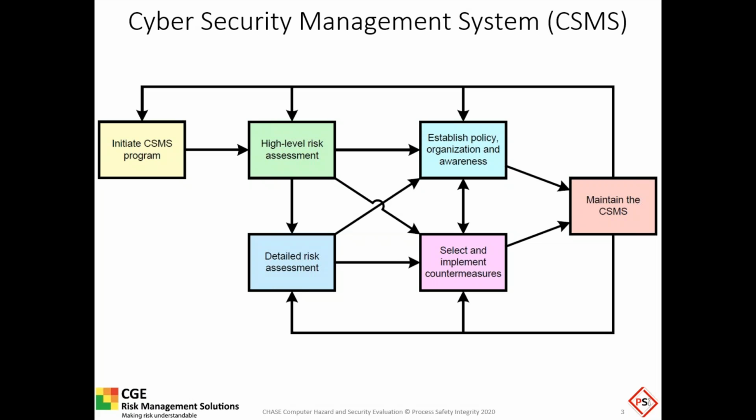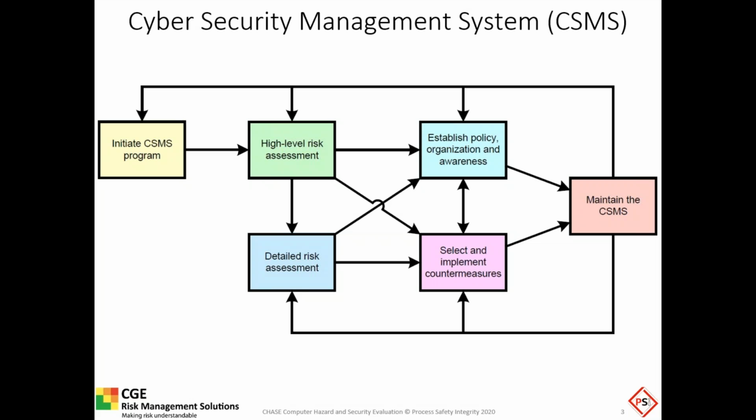And for those of you who are familiar with the Bowtie technique and the Bowtie software, fundamentally it's about barrier management. It's about understanding the context of your critical measures, where they're important, why they're important, and through the lifetime of the facility to maintain the integrity or the performance of those barriers.